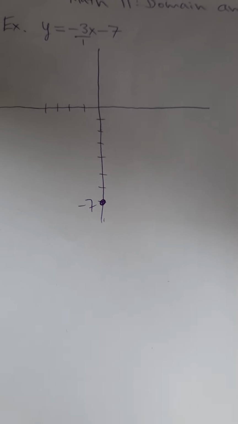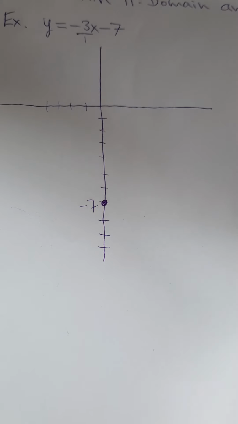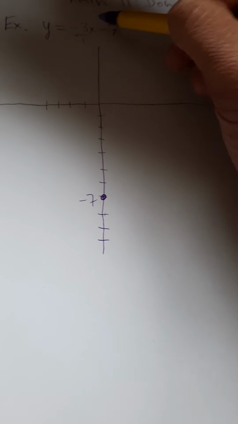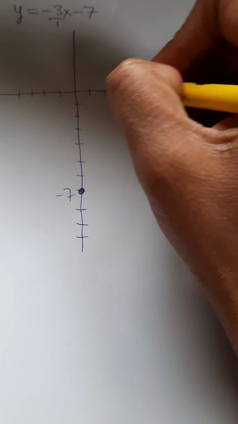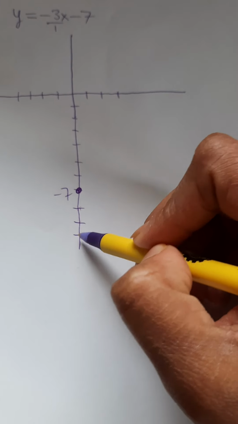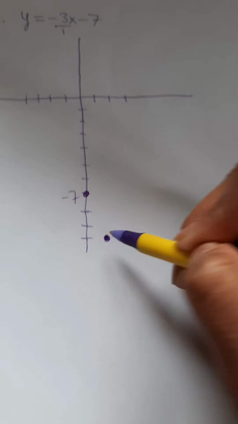I can go in both directions. Let's try going downwards first. The rise is negative 3, so I'm moving down 1, 2, 3, and the run is positive 1, so we're going right 1.